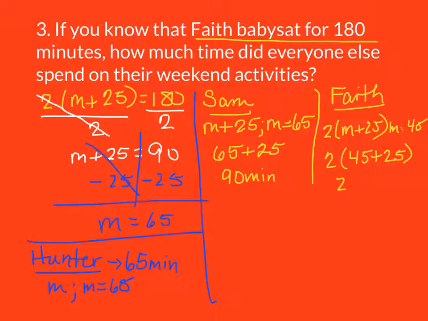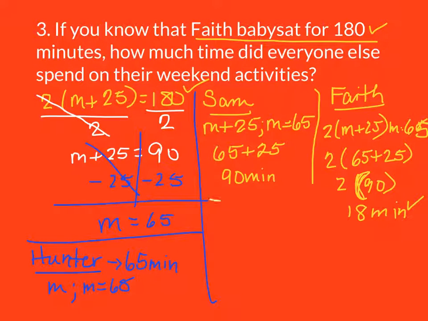So, oh no, it's not 45 now. Goodness gracious. 65. I knew something looked familiar. Sorry about that. Good thing I didn't get too far. 60, and that is a 5. This is 65. 65 plus 25, I know is 90, so it's 2 times 90. That is a parentheses. 2 times 90 is 180 minutes. And that's good because that's exactly what it should be over here.